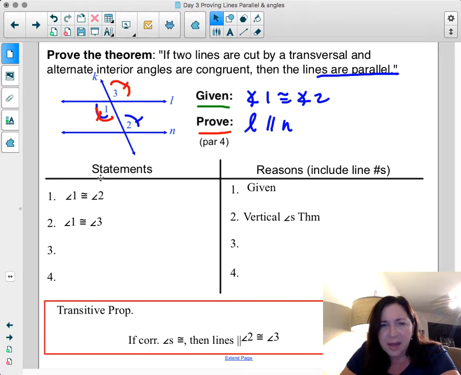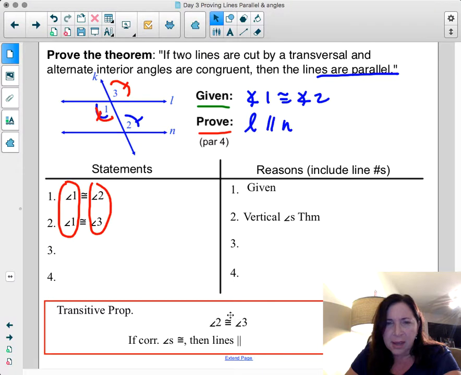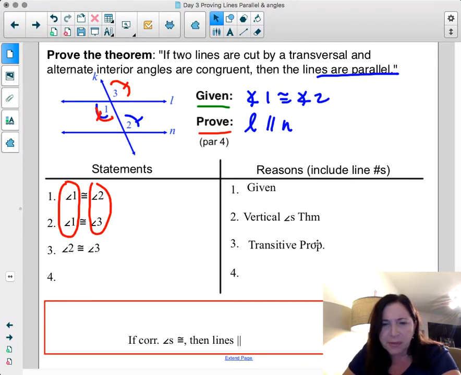What you should be noticing is that you've got 1 congruent to 2 and 1 congruent to 3. See how those are the same? Angle 1 equals 1, which means that angle 2 must equal angle 3. That's because of the transitive property. You're saying 1 is equal to 2, 1 is equal to 3, so we know 2 is equal to 3.